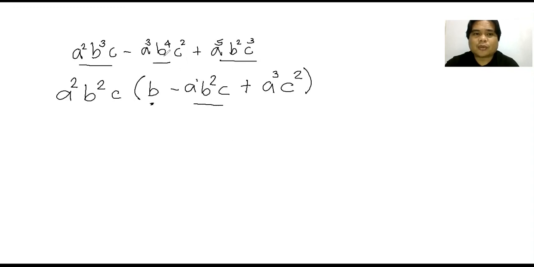When it comes to b to the power of 4, I took out b squared, so I have left what? 2. Why? Because 4 minus 2. That's why I will have here b to the power of 2. When it comes to c as well, you have c to the power of 2. This one automatically has 1, right? So 2 minus 1, that's why I will have here c, having an exponent of 1. So that's how easy it is.